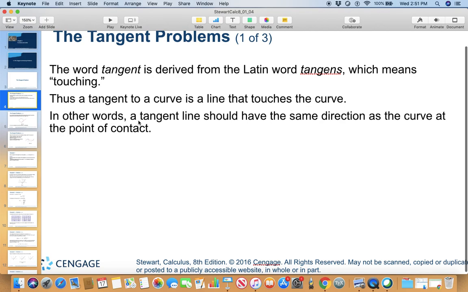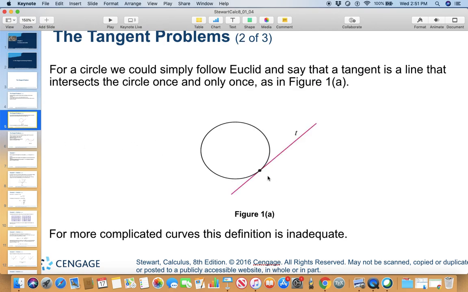In other words, a tangent line should have the same direction as the curve at the point of contact. What does that mean? Look, you have a curve here. The line T merely touches the curve. It doesn't cross it. It barely touches it.